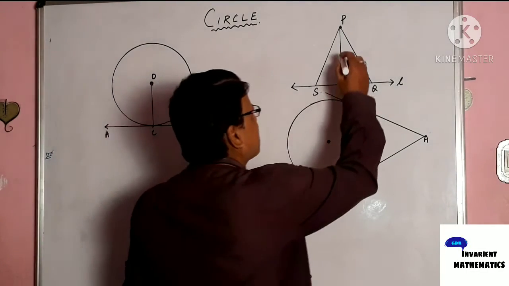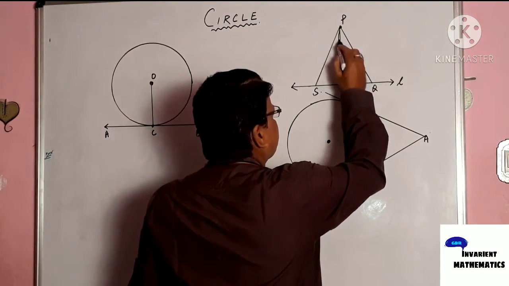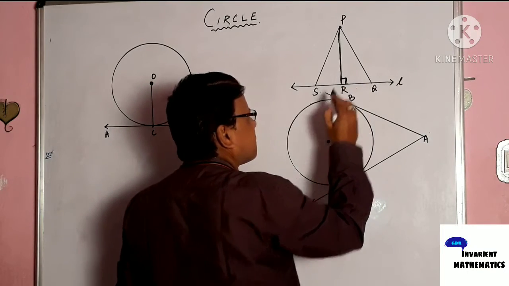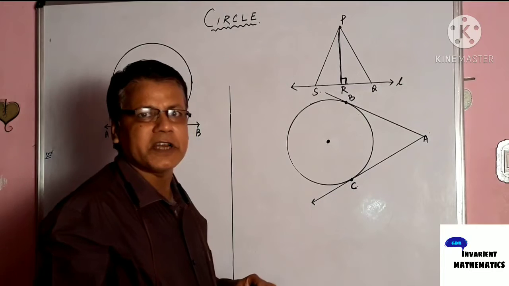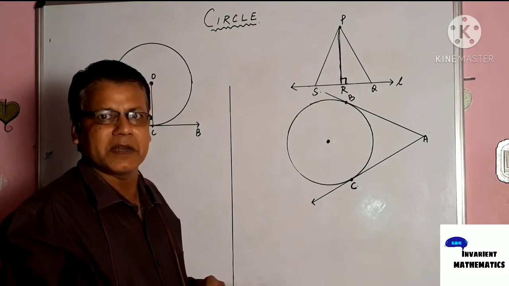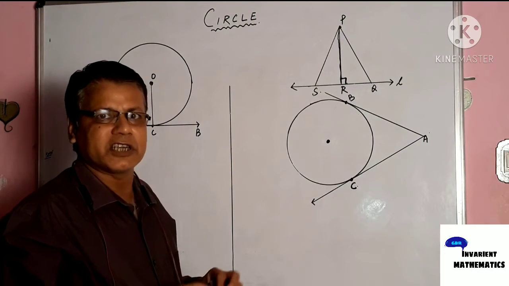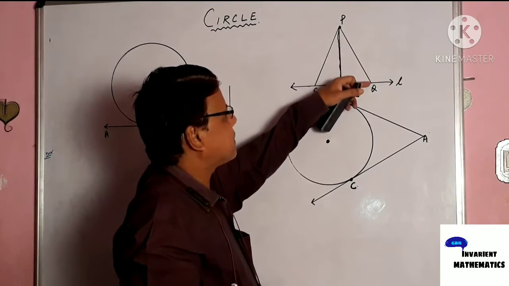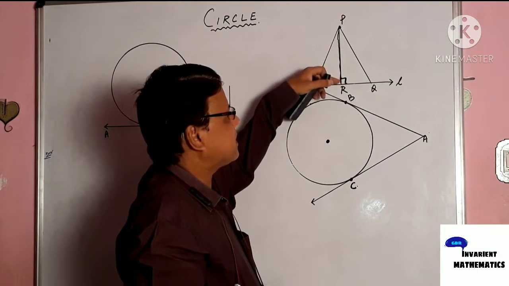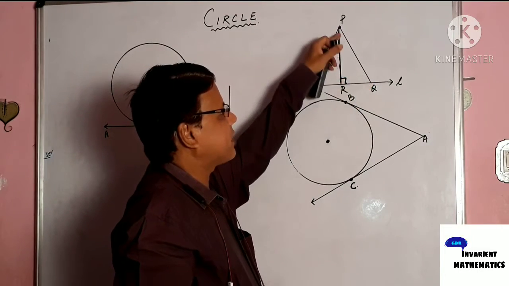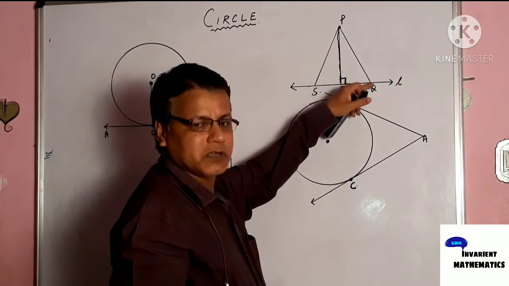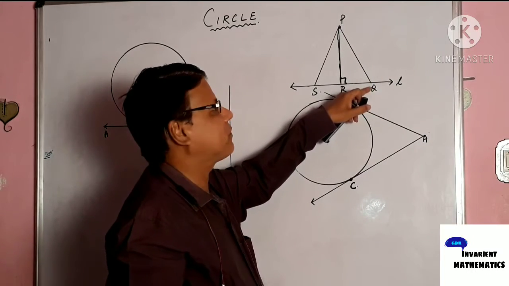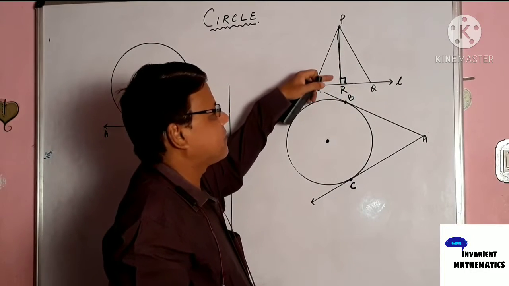The perpendicular distance is the distance between the point and the line. Why the perpendicular distance? Because it is the shortest distance between the point and the line. If we take PQ, then PRQ is a right triangle where PQ is the hypotenuse. Hypotenuse is always the longest side. Therefore, it is longer than PR.